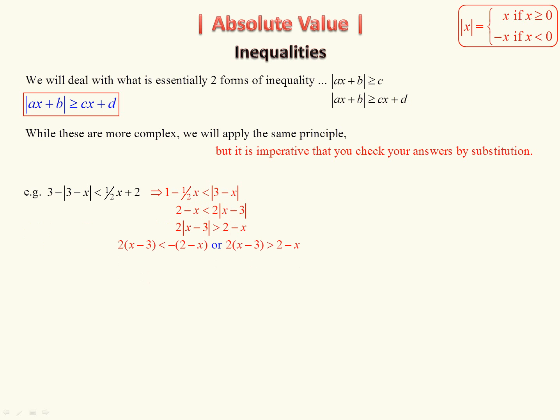Greater than, so it's now the extremes. Twice that, this is still a bracket, remember, twice that is less than the negative, or twice that is greater than the positive. Solve, and we end up with x less than 4 or x greater than 2 2/3.